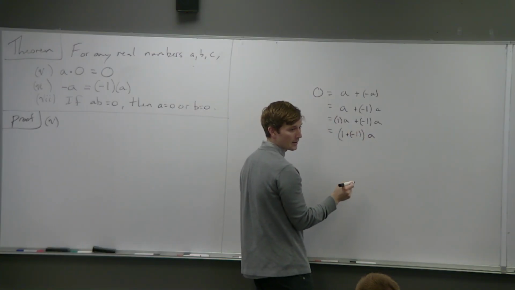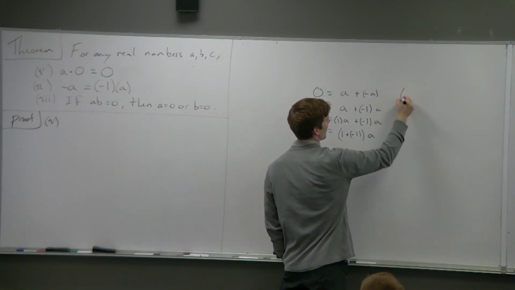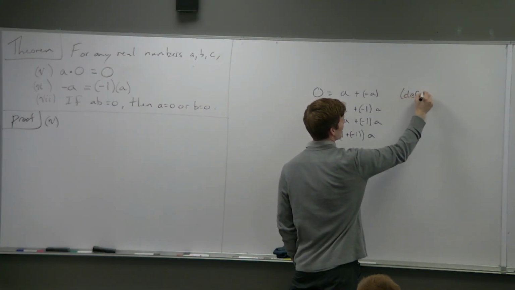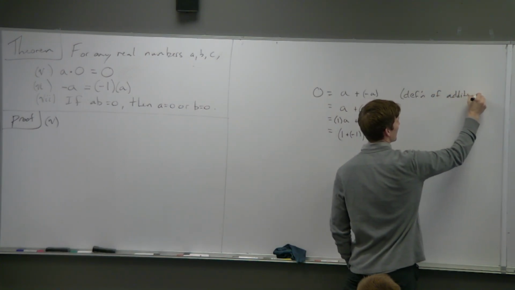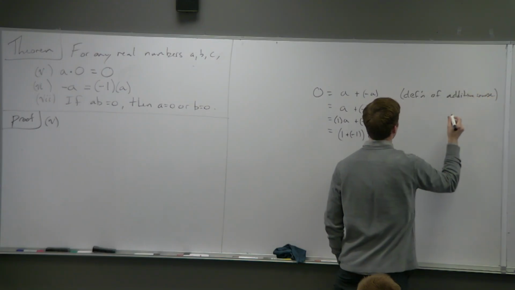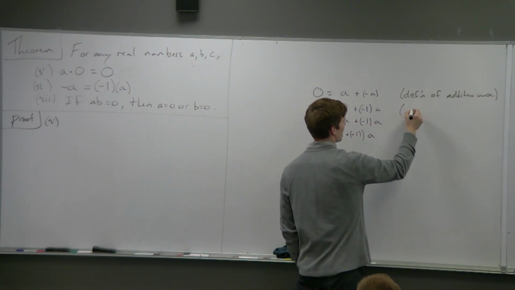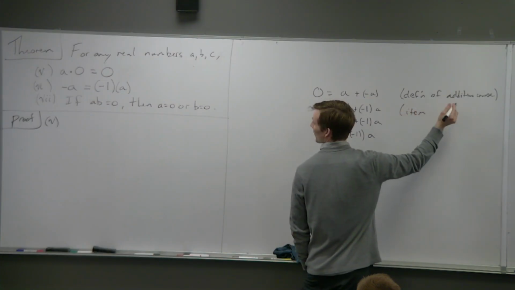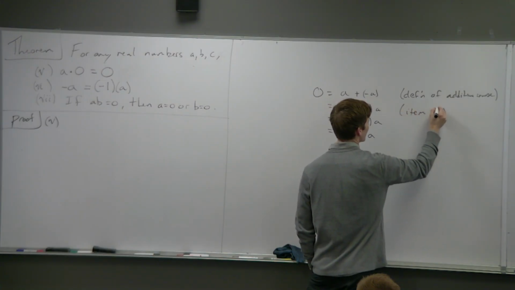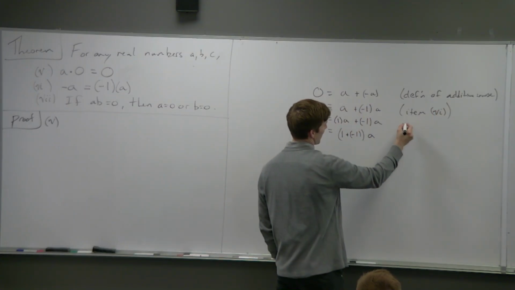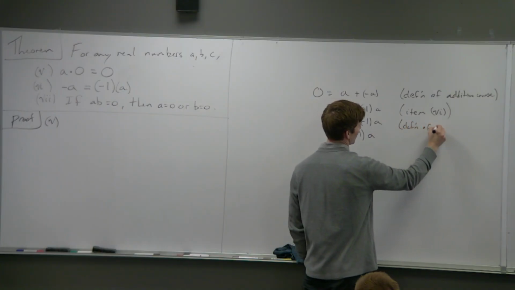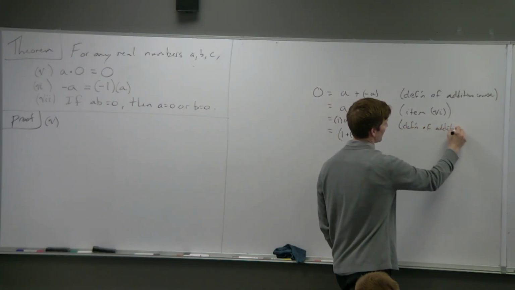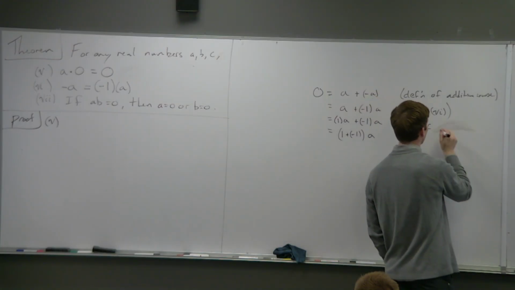Okay. So this is the definition of an additive inverse. This is item 6. This here is the definition of the multiplicative identity.